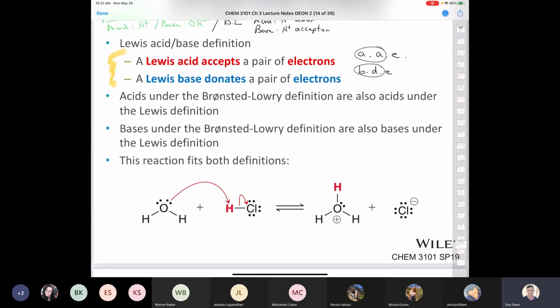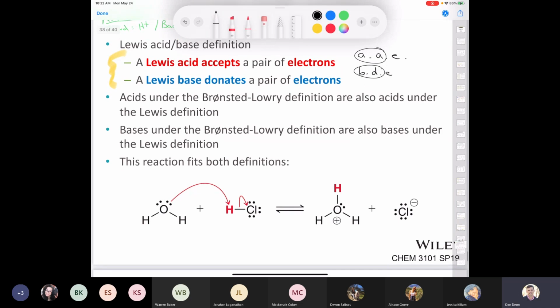If we were thinking about Bronsted-Lowry, we'll put BL up here, this would be our acid. This water is behaving as our base. This is our conjugate acid, and this is our conjugate base.